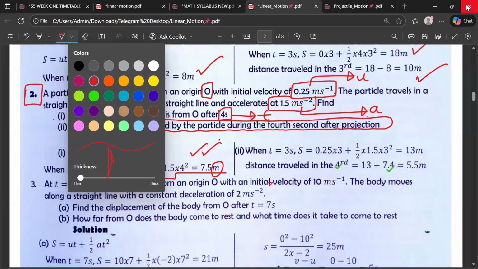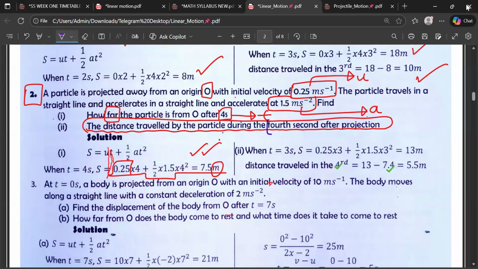Okay. So when they ask for the fourth second, you should be aware that they need you to get S4 minus S3. So S3, you just simply put 3 where there is t in the second equation of motion, as you can see, 13. Then to get S4, you just put 4 wherever there is t in the second equation of motion. Then you get 7.5. Then they ask for the distance traveled in the fourth second.